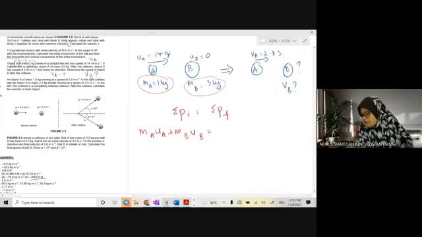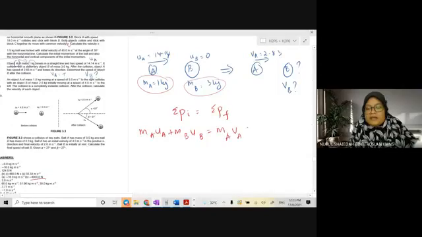Kita ada dua objek. So seterusnya kita ada MAVA plus MBVB. Okay, my MA is 1. My UA is 14.14. My MB is 3.